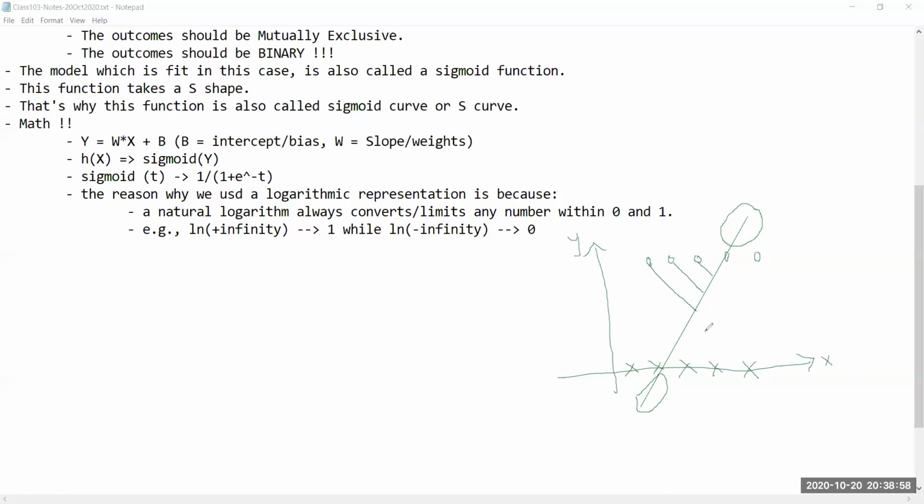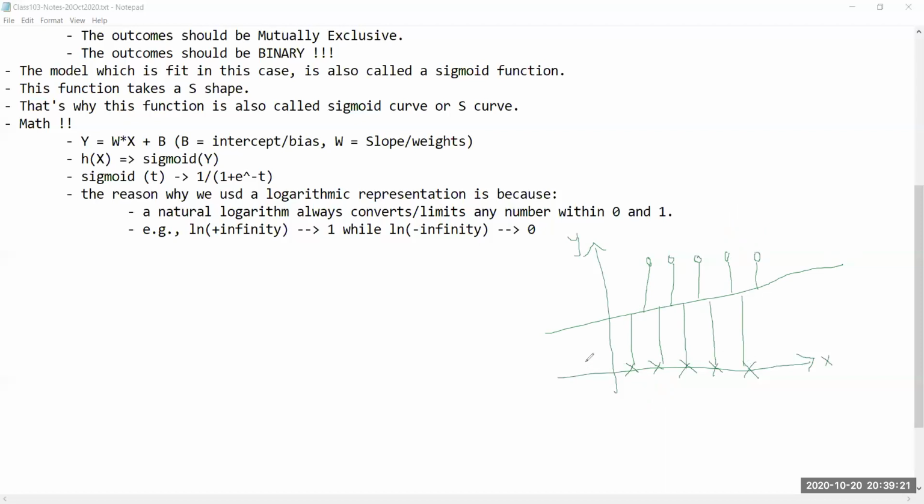Maybe this line that I have drawn is not really good. Let me just redraw the line. So maybe in this case, my linear regression line would look something like this. And then my so-called residuals or my errors will be the projections of individual points on this line.